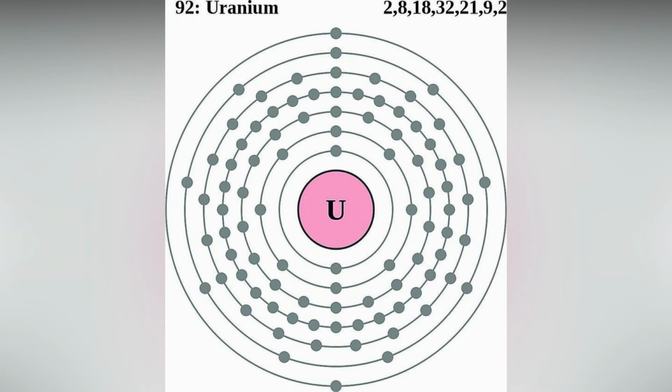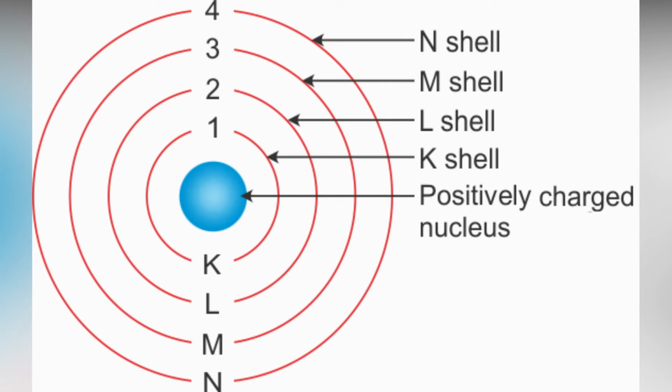Till now, we have discovered atoms having up to 7 shells inside them. These shells are named K, L, M, N and so on. The shell closest to the nucleus has a low energy level, which means that the electrons inside them have low energy, and the shells which are farther from the nucleus have a higher energy level, meaning that the electrons inside them have a higher amount of energy.